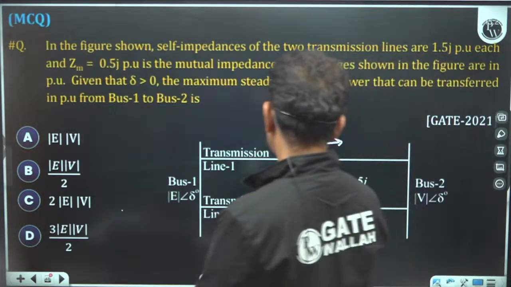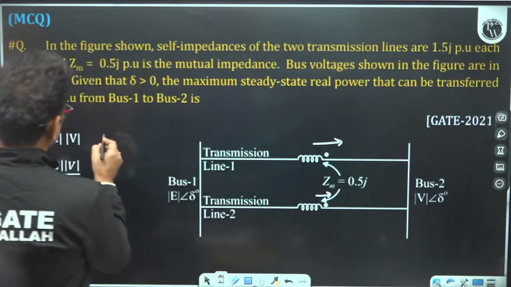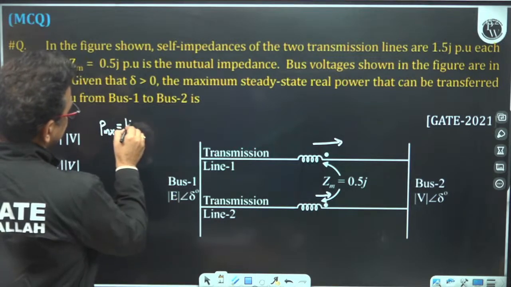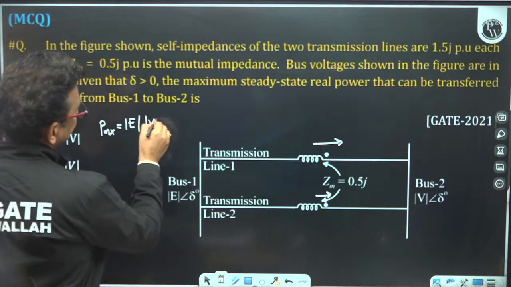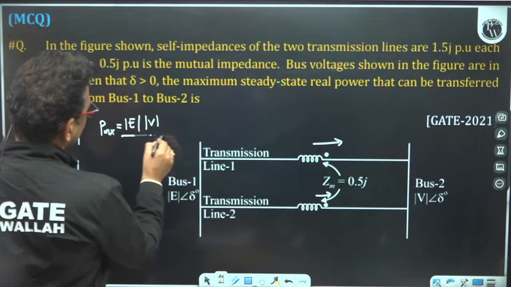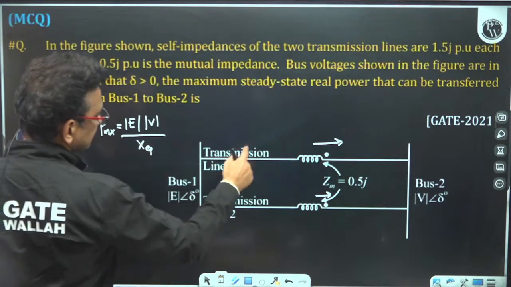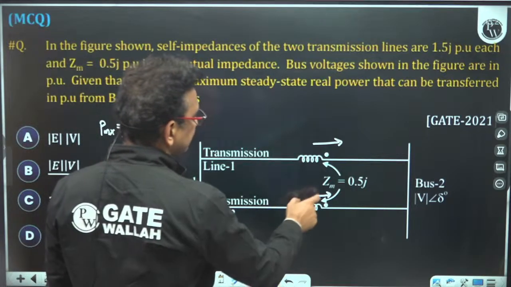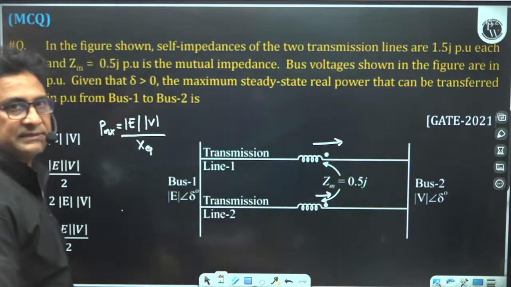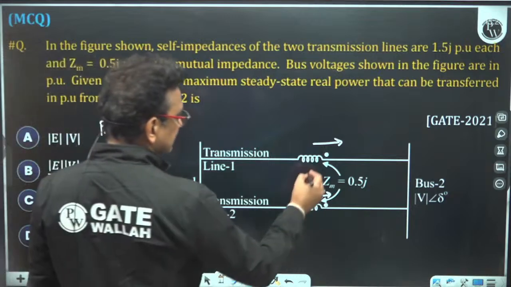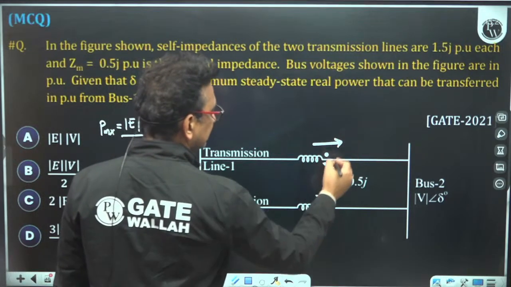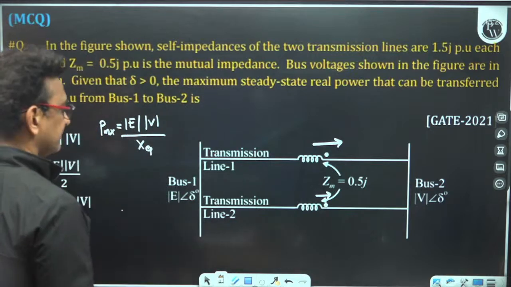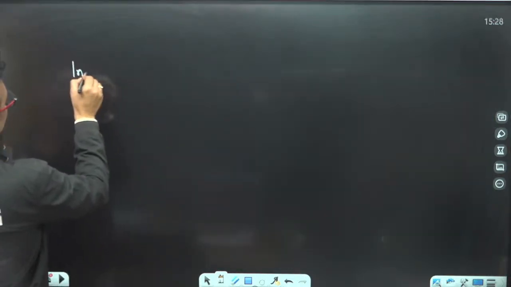The maximum power is the magnitude of sending end voltage, magnitude of receiving end voltage V divided by overall equivalent reactance. You have to find the equivalent reactance. It has self reactance as well as mutual reactance. Because the current is coming out of the dot terminal from both of these transmission lines, they are in additive polarity.